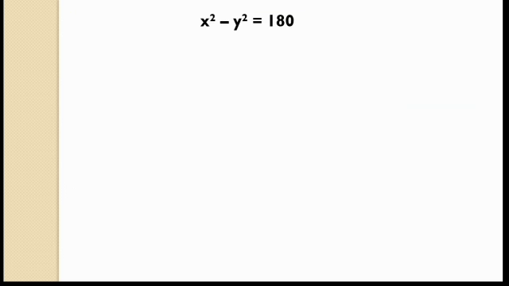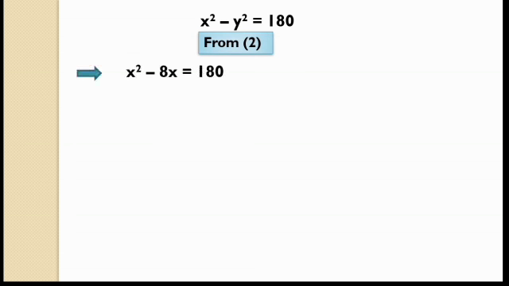Now we will substitute the value of y square from equation number 2 in equation number 1. Here equation number 1 is x square minus y square equals 180, and when we substitute the value of y square we will get x square minus 8x equals 180. Now we will shift this 180 from the right hand side to the left hand side. We will get x square minus 8x minus 180 equals 0.